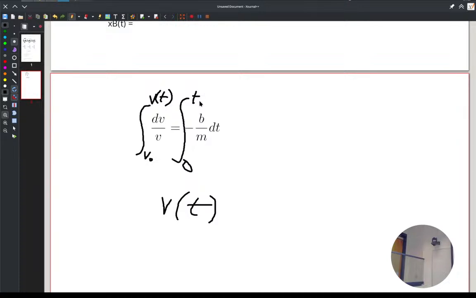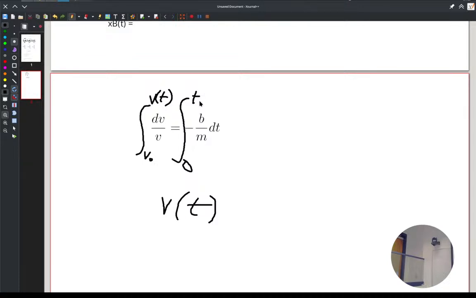You get natural log of the absolute value of v of t minus natural log of v initial.